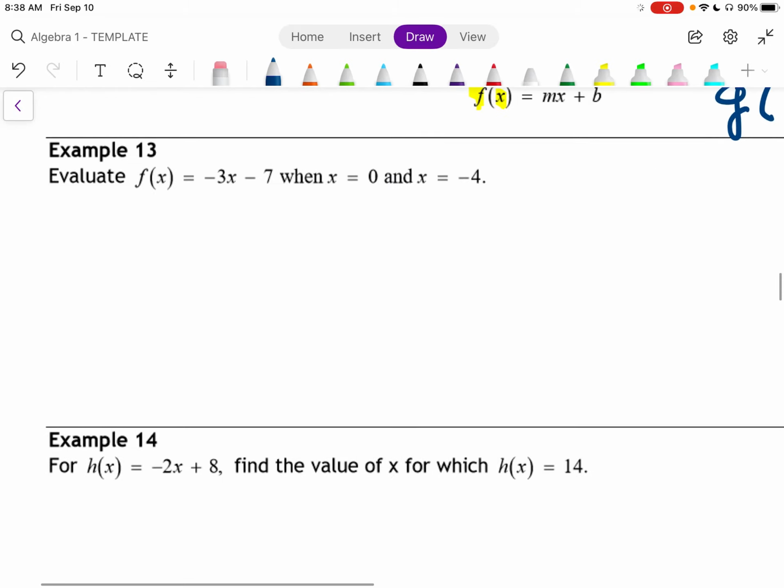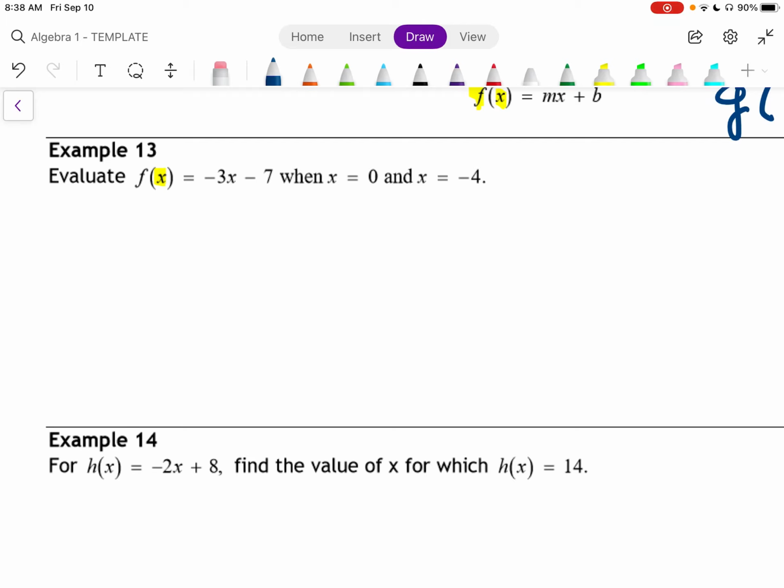All right, example 13. We have f of x equals negative 3x minus 7, and we're supposed to evaluate when x is 0 and when x is negative 4. There's a special way that we can write this. In this left piece, x is a variable, right? It's telling us that the variable of function f is x. We're going to plug in for x.